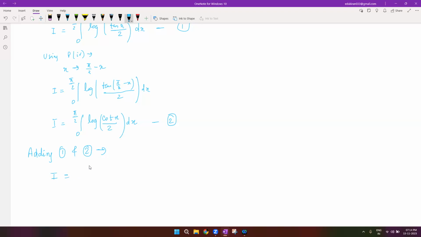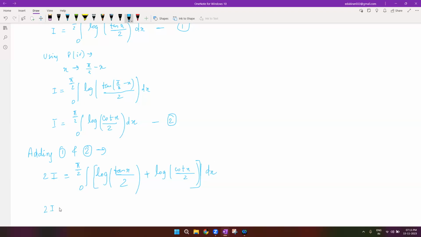So adding 1 and 2, we get 2y on the left hand side. And on the right hand side, we have 0 to pi by 2 limit for both of the integrals. The first expression is log of tan x by 2, and the second expression is log of cot x by 2, which will be log AB.